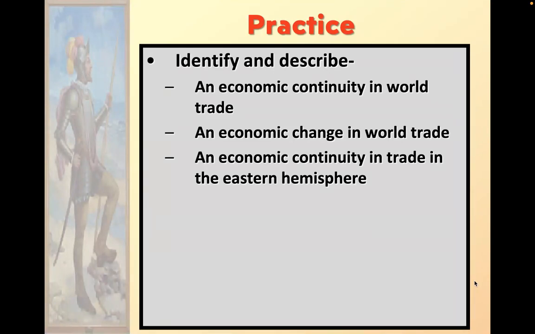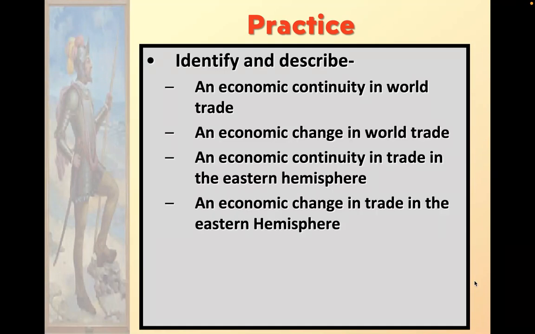And economic continuity in trade in the Eastern Hemisphere, well, we're still dealing with the same pattern. But when we look at an economic change, okay, we see silver, we see the European presence, and we also begin to see the Chinese and the Japanese pull back.